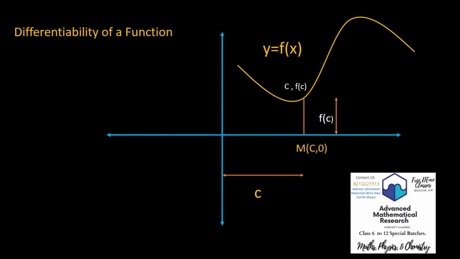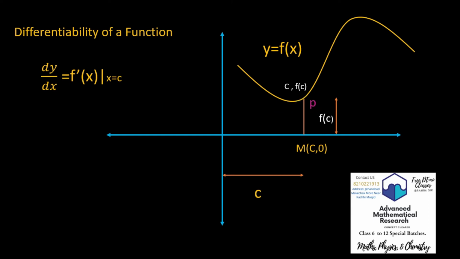So it will become (c, f of c), and we call this a point P. Now we will define the derivative of the function as dy divided by dx, and that is equal to f prime of x at x is equal to c. Means we are finding the derivative of this function at x is equal to c, that is, at the point P whose coordinate is (c, f of c).